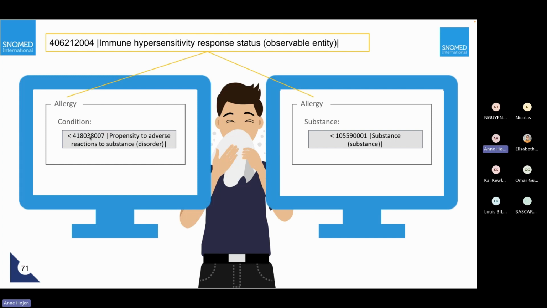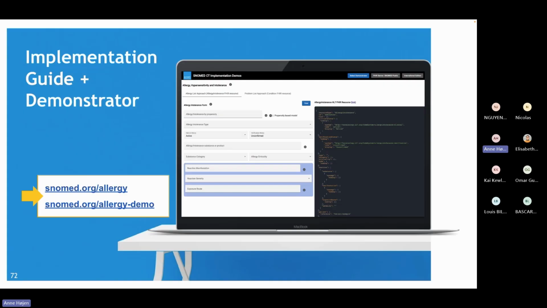So you can see here that there are actually two approaches, at a high level, that you can take to record an allergic condition. Do you record the condition itself, or do you record the causative agent of your condition? And we actually have a clinical reference group at SNOMED International.